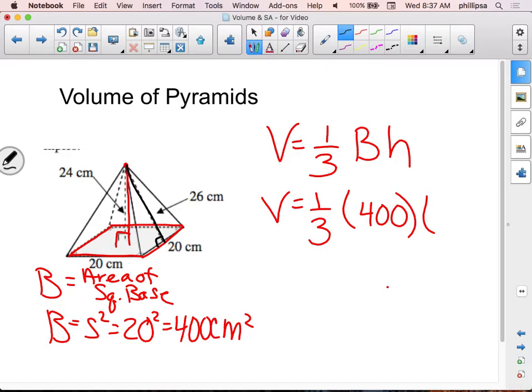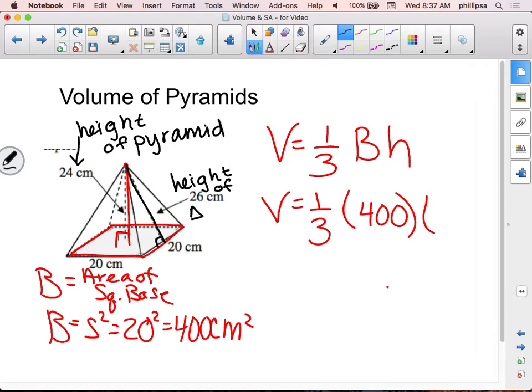Each of these 4 triangles are actually the same triangle because you have a square base, but each one of these triangles has a lateral height of 26 centimeters. But that's the height of a triangle. Okay, the 24 centimeters is the height of the pyramid, and that's the one that we're going to need to use here. So the height of the pyramid would be 24 centimeters.